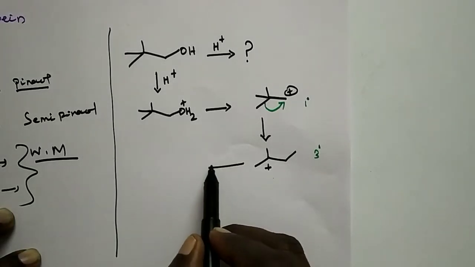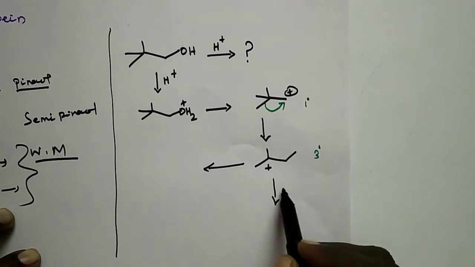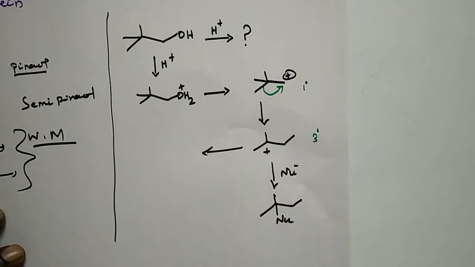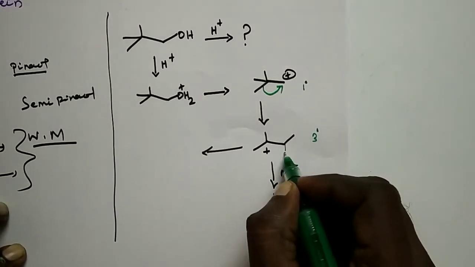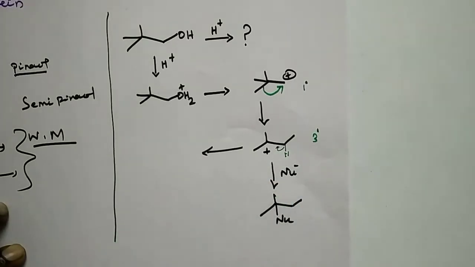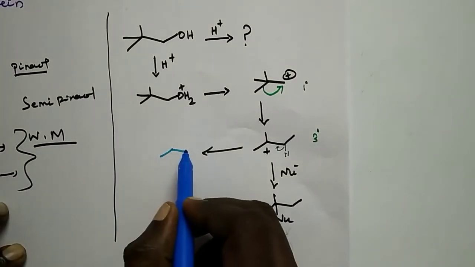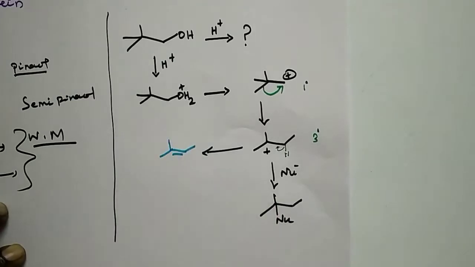Next step is, if I have a nucleophile, the nucleophile will attack. Nucleophile will react with the carbocation. In case I don't have a nucleophile, then what will happen means, here there is a proton, so this proton will leave, so I will get an olefin.